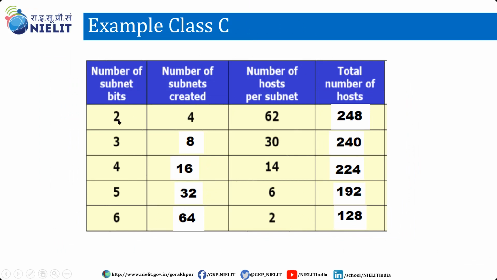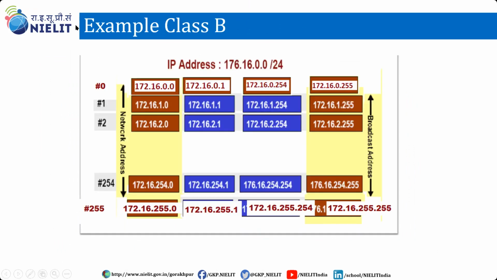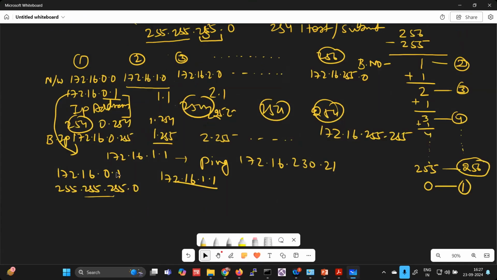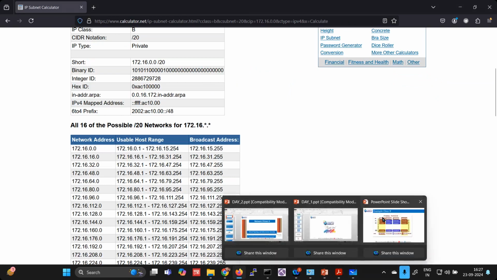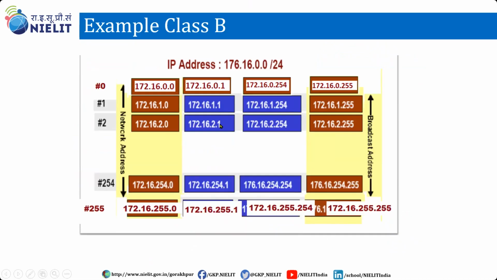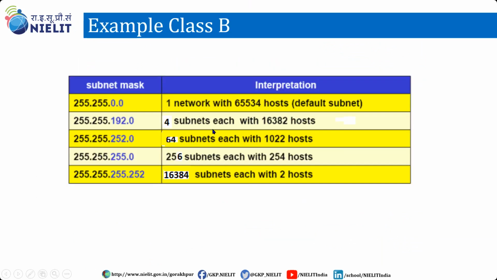In the other case, we have 2 to the power 6 minus 2, 64 minus 2, 62 hosts possible in a single network. So this is the example of class C. And after getting this, what we calculated on our blackboard gives the different numbers of subnets.